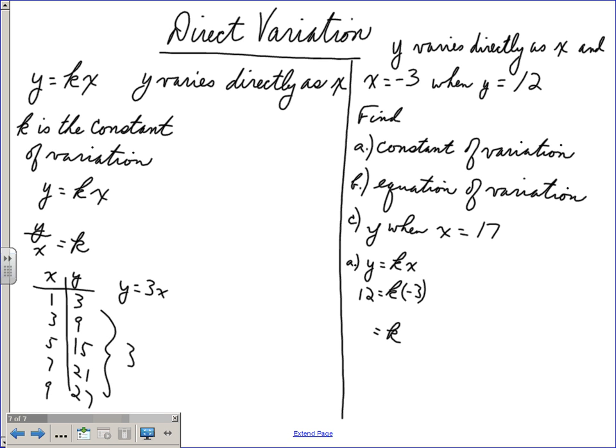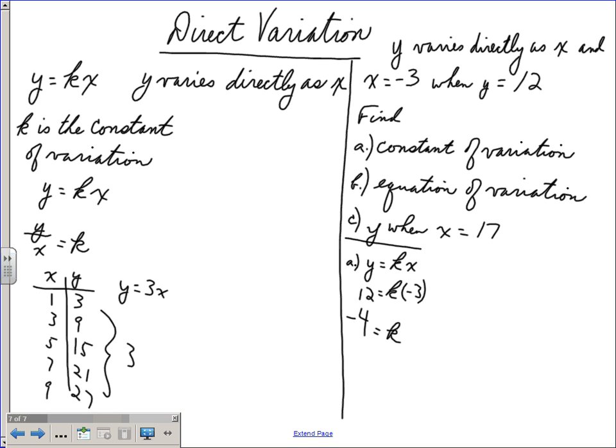Negative 4. That's my constant of variation. Very simple. Simply y over x. Will it always be right if you just put y over x? Yes, it'll always be right if you get y over x, because they told you that it varies directly as x. Right, that's part A.